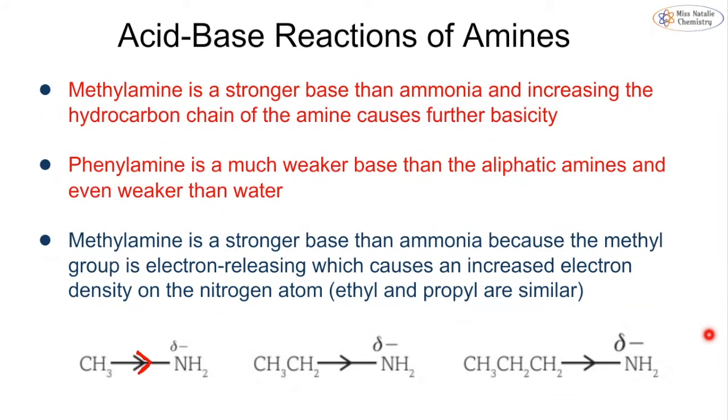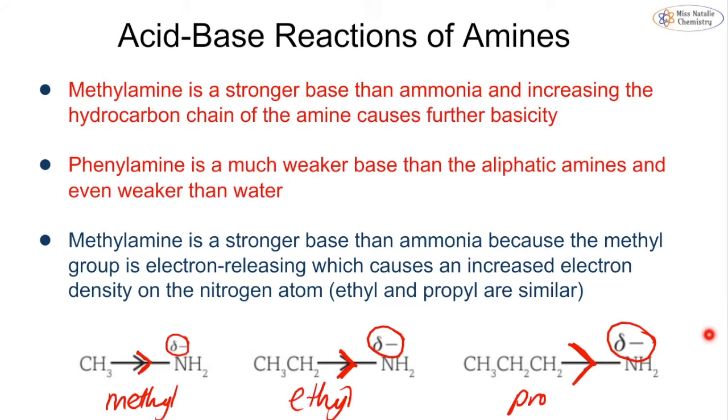And the longer this hydrocarbon chain, the larger the push. And you can see that we're displaying that by showing that our delta negative is getting larger and larger as we go from methyl to ethyl to propyl.